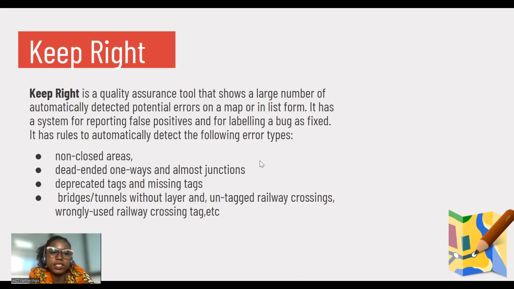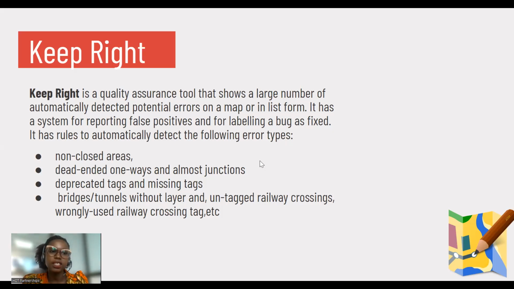Then these are some of the data quality issues, errors, that it queries. So it queries non-closed ways. For instance, if it's a land cover that is not complete, they're like hanging. And then dead-ended ways and almost junctions, these are hanging roads. Deprecated tags and missing tags. You all know what deprecated tags are.